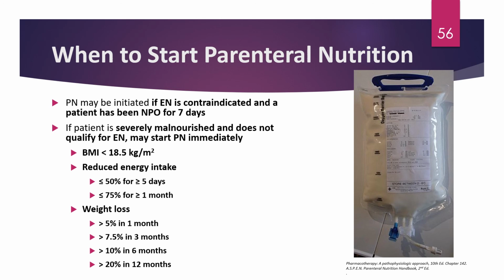So if you have any of these things in addition to other factors, to be considered malnourished, in those cases, we give PN immediately. We do not wait. For EN purposes, we usually can start feeding the gut as soon as it's feasible, which is usually pretty quickly. But for PN, we want to wait to minimize that risk of infection and other complications.